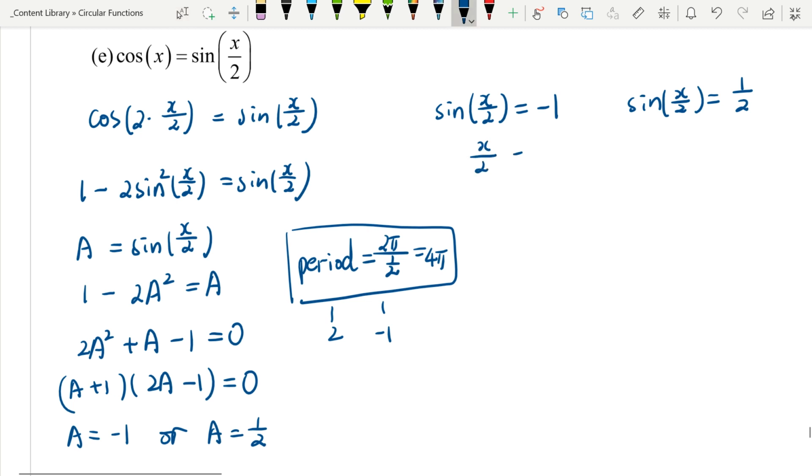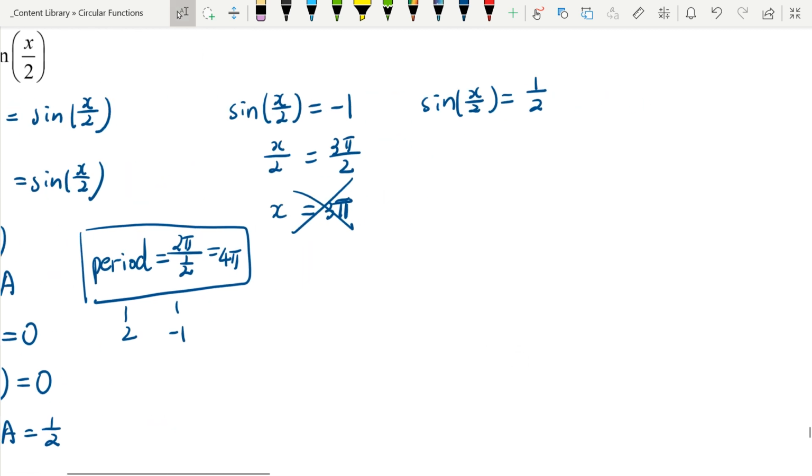I only need one value because that's a minimum. So that's 3 pi over 2. x equals 3 pi. Is that in the domain first? No. If I plus 4 pi, definitely not. Minus 4 pi? No, so I don't have a solution for this equation because it's out of the domain.